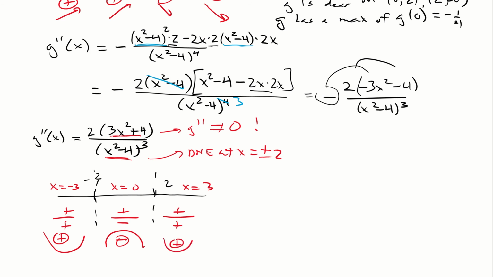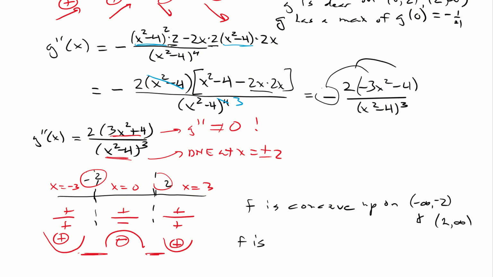Okay, are there inflection points? You might want to say so. Yeah, concavity changed here and here. Are these points? Remember, those are vertical asymptotes. You know, many a student has fallen for that trap. But what we can say is F is concave up on minus infinity to minus 2, and also 2 to infinity.